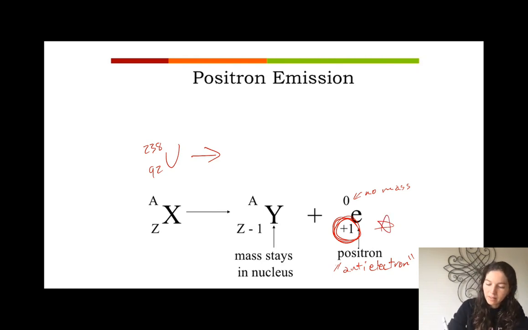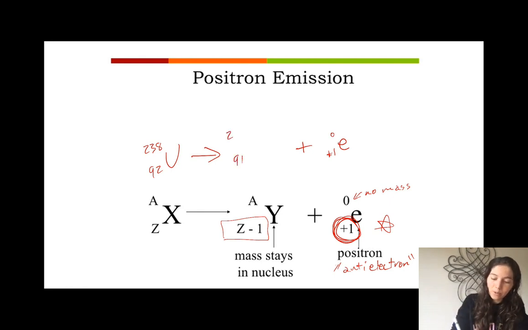Okay, so we're going to emit our positron. And now we'll make a new element through this nuclear decay process. This is for proton-heavy elements, so we're going to lose a proton, which means we go to 91. Mass stays the same, 238.